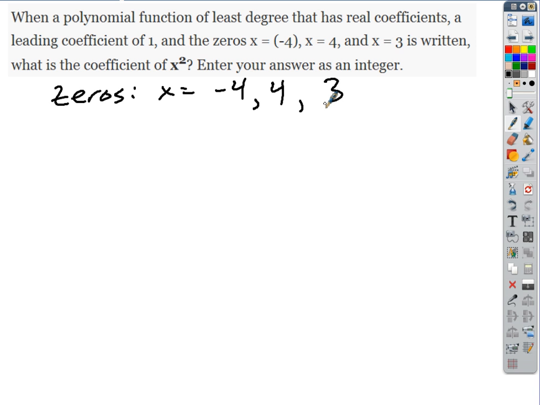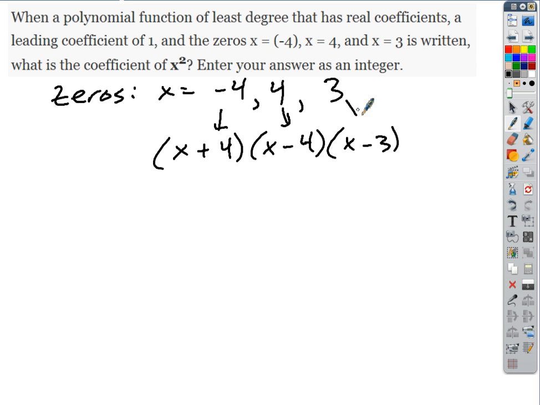Yes, ma'am. Like x plus 4. Okay. X minus 4. Okay. Good. So we're just subtracting these values from x. Good. So x minus negative 4 times x minus 4 times x minus 3.